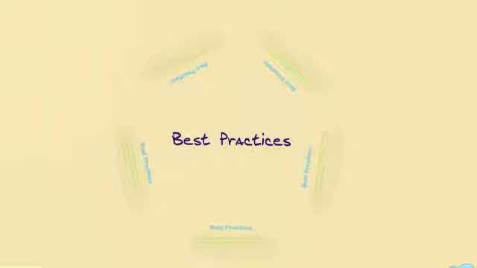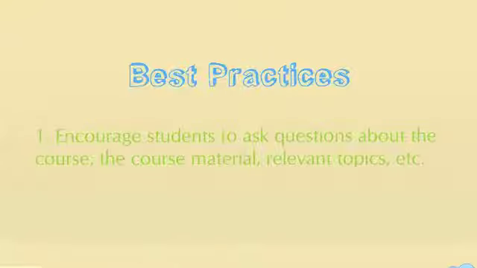Two of the fundamental principles of integrating Twitter in an educational context are, one, bridging the gap between the classroom and everything outside of the classroom, and two, reducing some of the social barriers that exist within the classroom. Okay, number one, encourage students to ask questions about the course material and relevant topics.